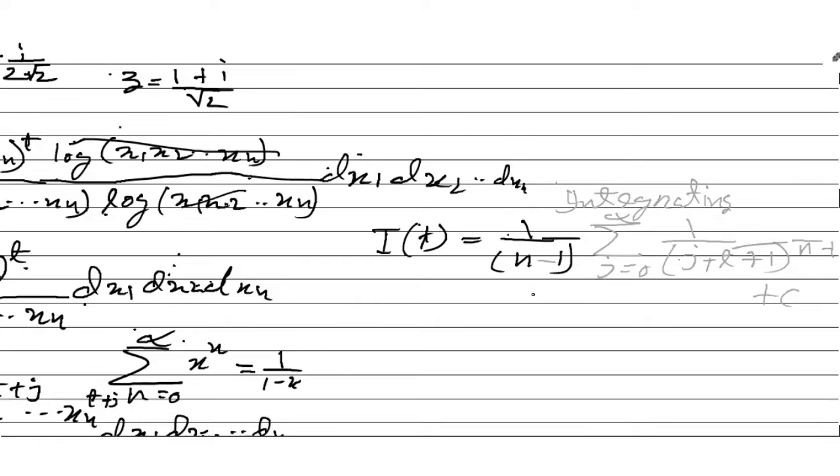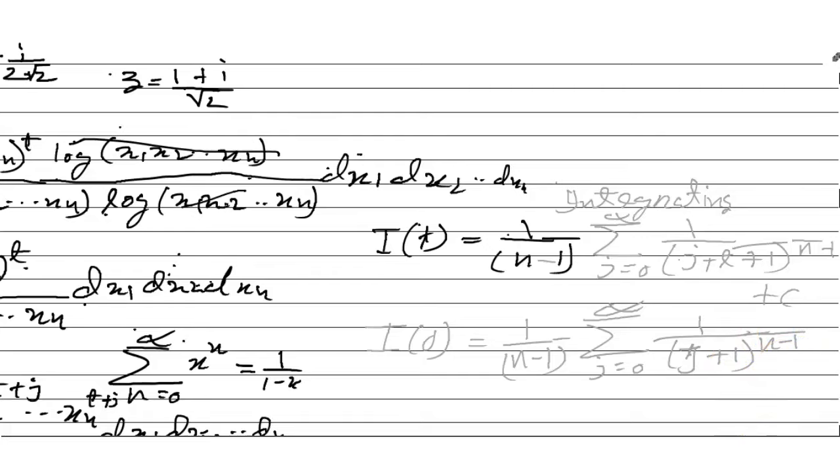So, friends, this is my answer. Now I0 is equal to 1 by n minus 1 into summation j equals to 0 to infinity 1 by j plus 1 whole to the power n minus 1.